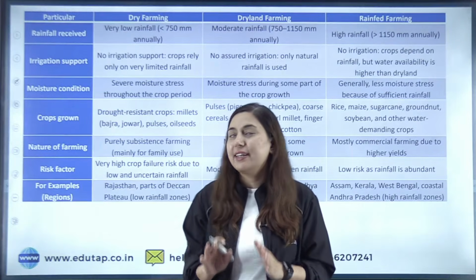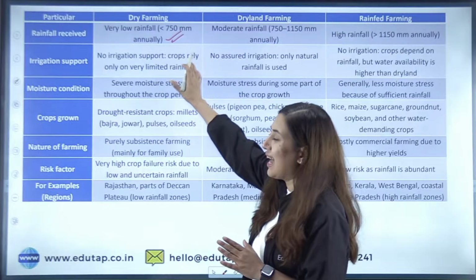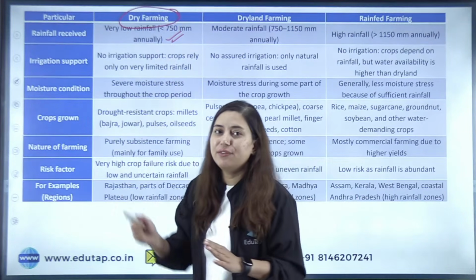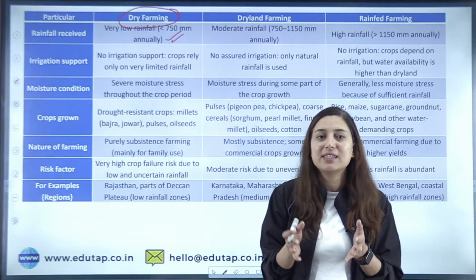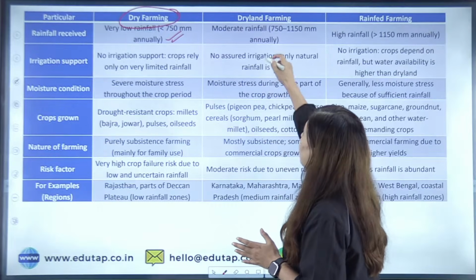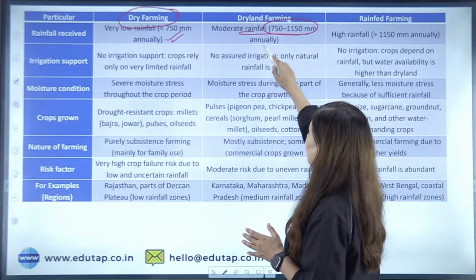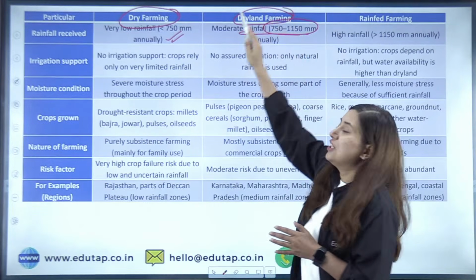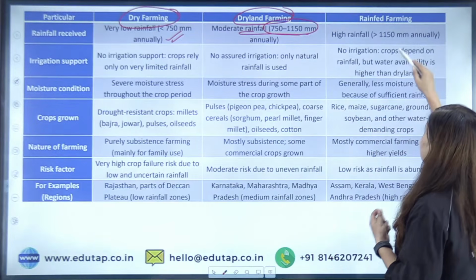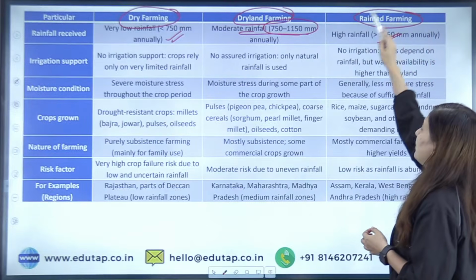If any region receives rainfall less than 750 mm annually, which is very low rainfall, it will be called dry farming. So such regions will be called dry farming regions. Coming to the next, regions which are receiving rainfall between 750 to 1150 mm annually will be called dryland farming regions. Clear? And if any region receives more than 1150 mm annually, that will be called rainfed farming.